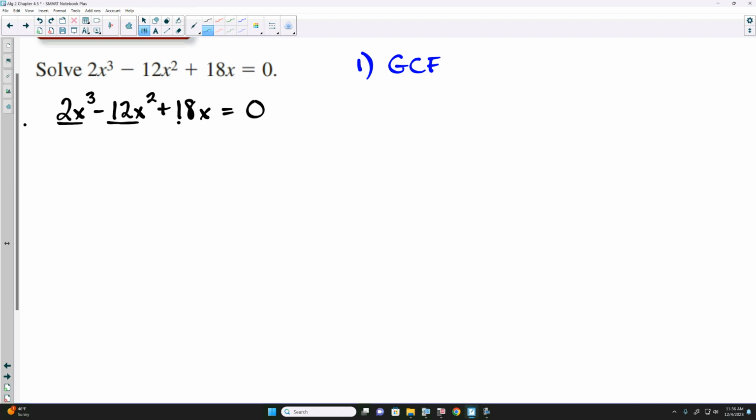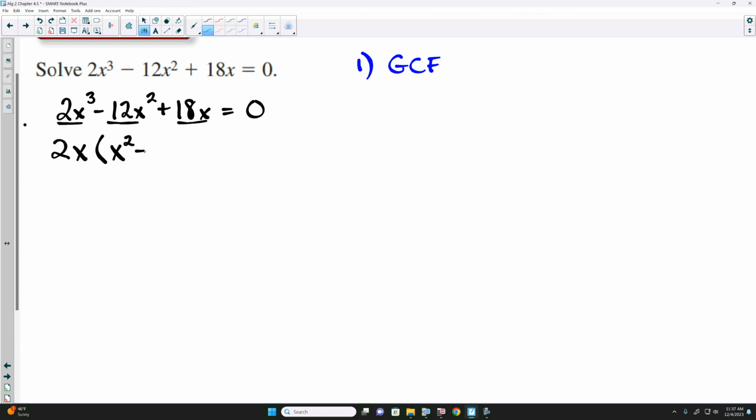If we look at these 3 terms, 2x cubed, 12x squared, and 18x, all 3 of them do have a common factor of 2 and x, because 2, 12, and 18 are all divisible by 2, and x cubed, x squared, and x all have a common factor of x. If we factor this out, 2 factored out of 2 will factor out completely, and if we remove an x from x cubed, we're left with x squared.